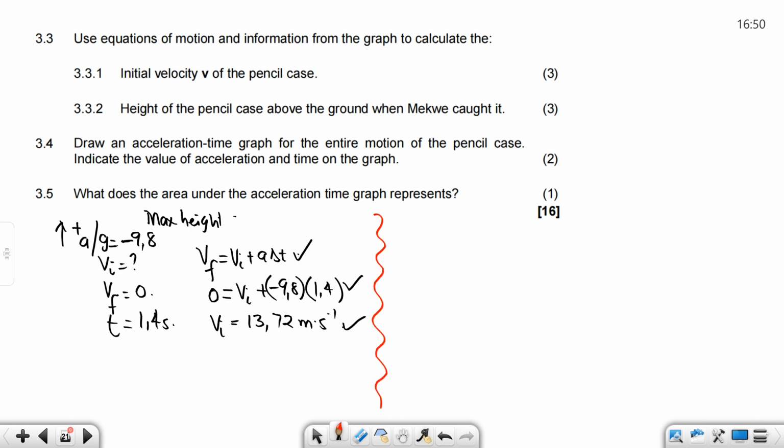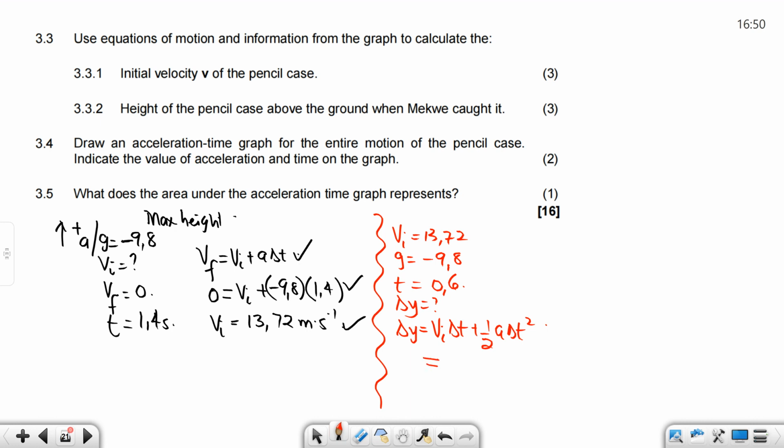Okay, just wait. What do we have? Initial velocity is what? 13,72. What is our g? Negative 9,8. What is our time? 0,6. We are looking for delta y, right? Okay. What's your formula? We don't know final velocity. So it's Vi delta t plus 1 over 2. We don't have the final velocities.